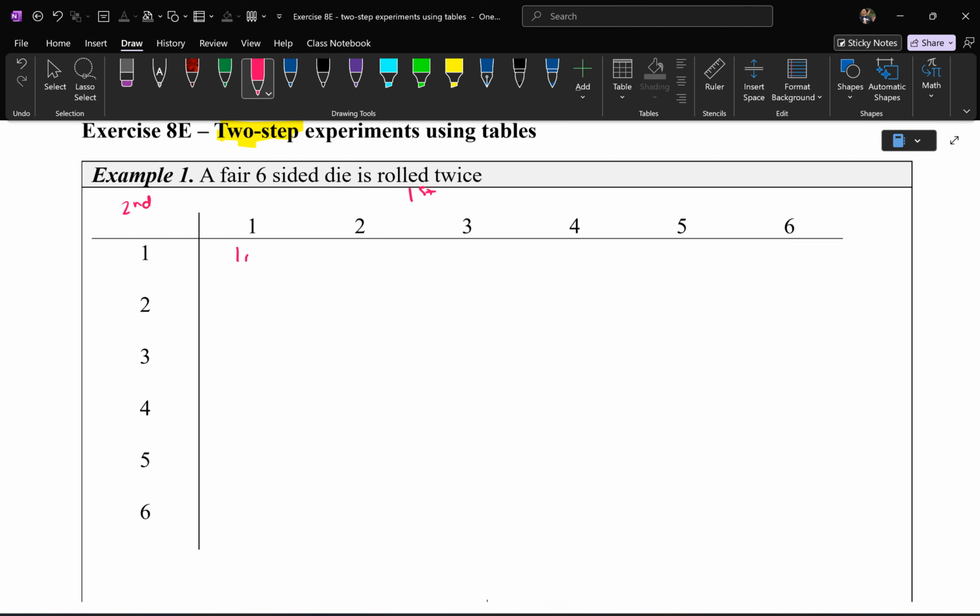So there should have been 1, 1, 2, 1, 3, 1, 4, 1, 5, 1, 6, 1. This is then 1, 2, 2, 2.